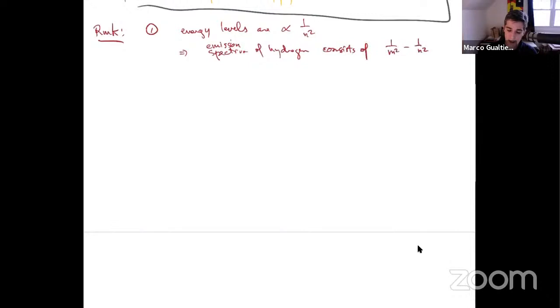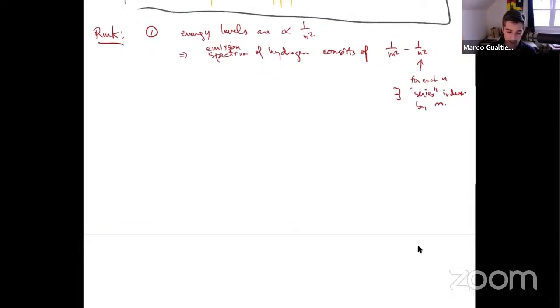And depending on the value of n, for each n there is a series indexed by m, and these are all experimentally observable.